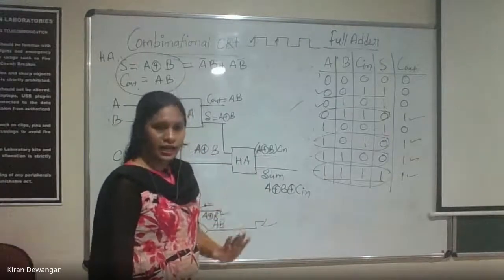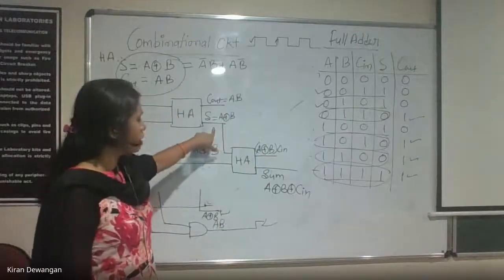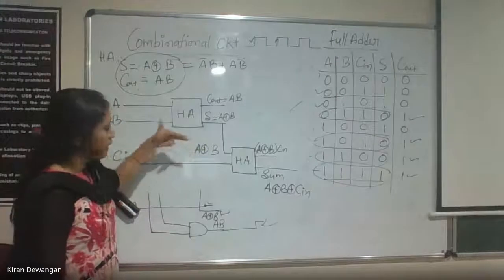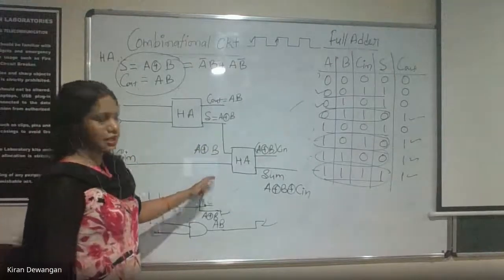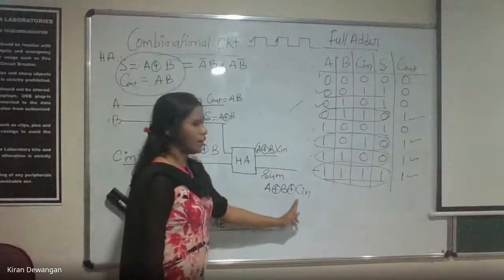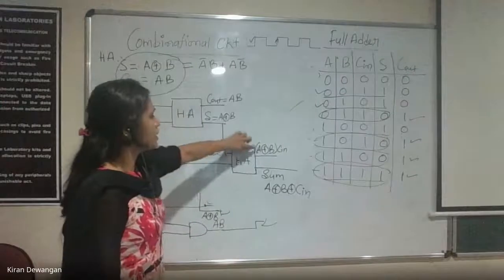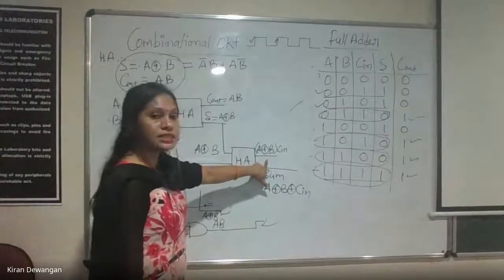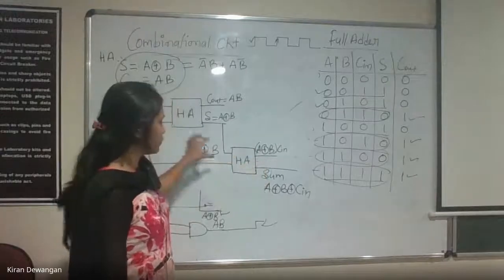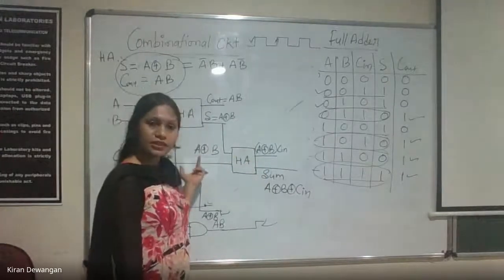It is just A XOR B. Here the first input is A XOR B and the second input is C in. So it will be A XOR B XOR C in. Clear? Now this is my second output of the second half adder, and this is just AND of the two inputs. So my first input is A XOR B, second input is C in.